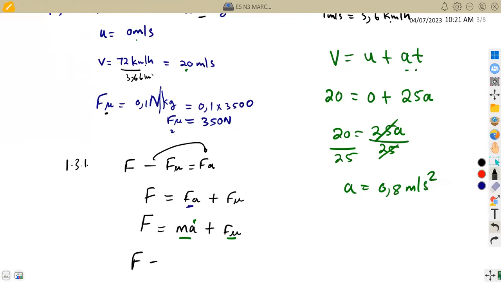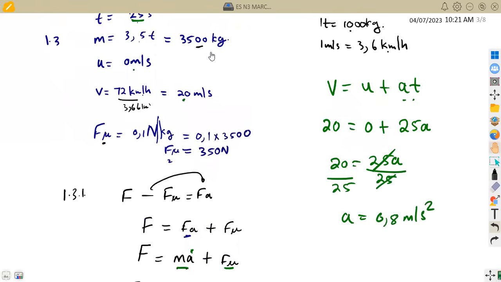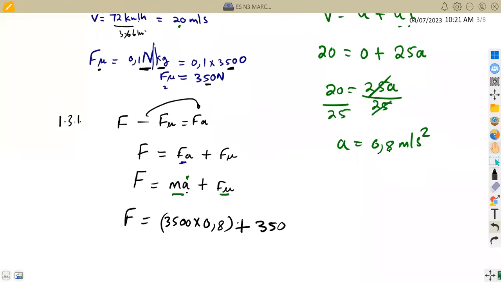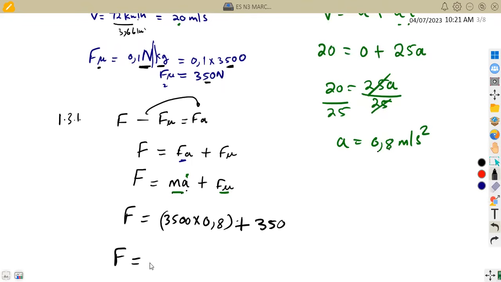The total force is going to be MA, the mass here of 3,500, times the acceleration of 0.8, plus the frictional force, which we calculated from the 0.1 Newton per kg multiplied by 3,500, which gave us 350. So we are going to add 350 Newton. That is going to give us the total force that was being exerted by this car.